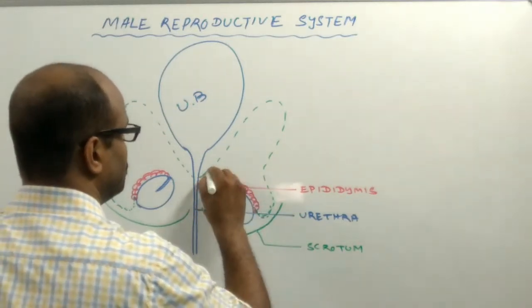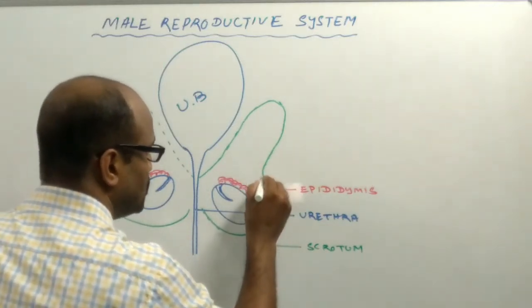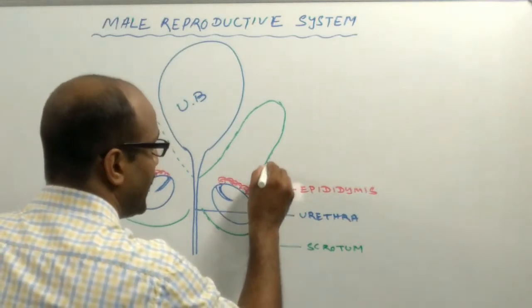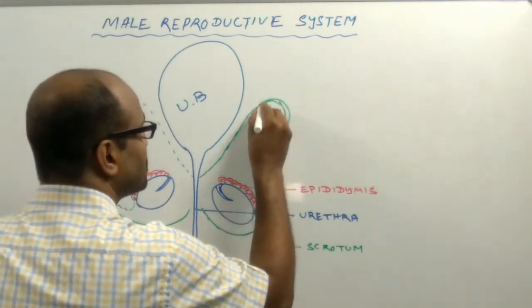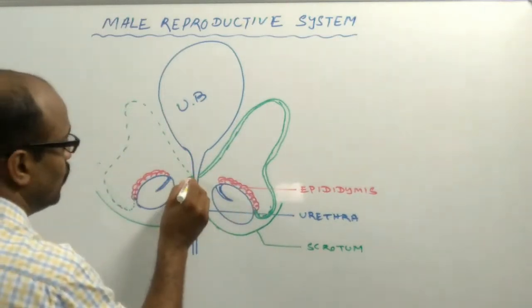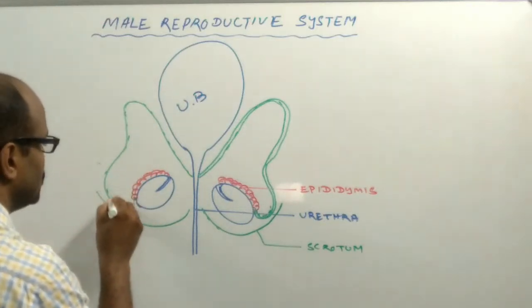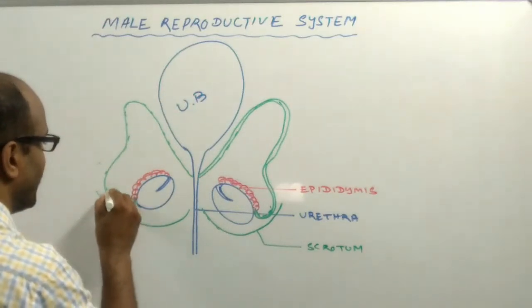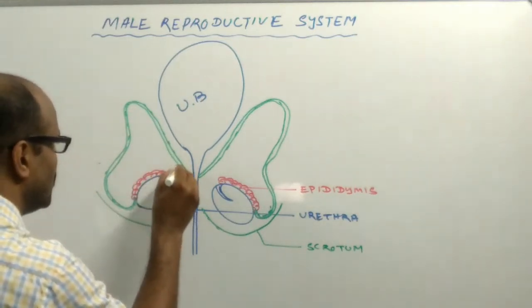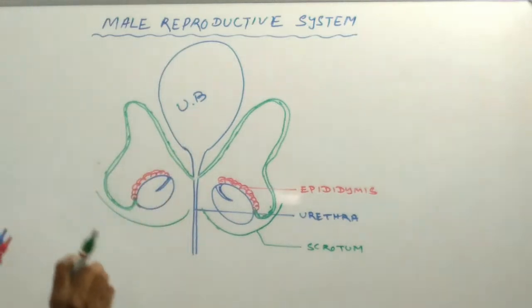So this is the duct which comes out from the epididymis and opens into the urethra, and this duct is known as the vas deferens or the sperm duct because it carries the sperm.